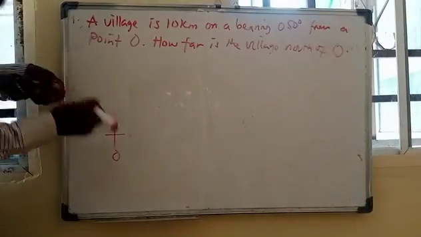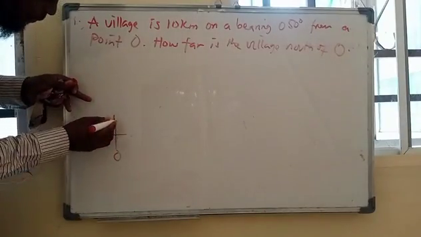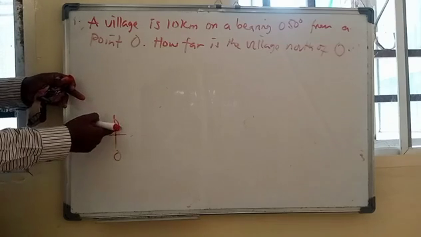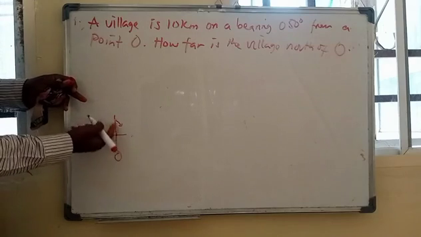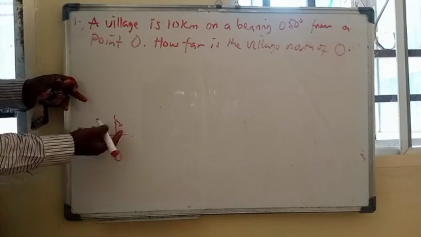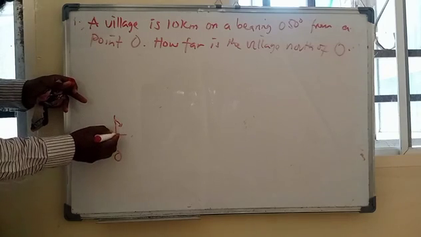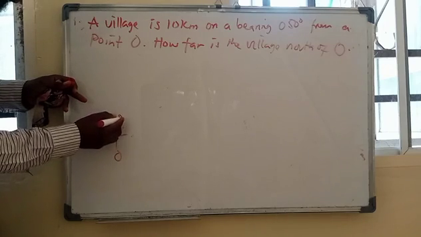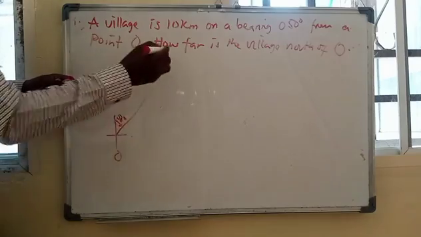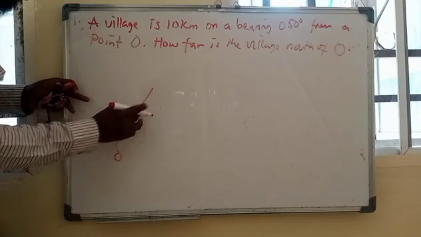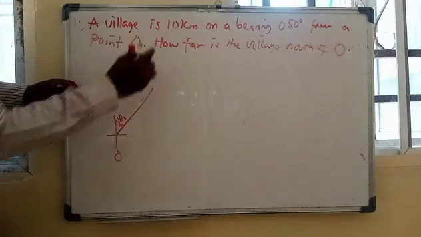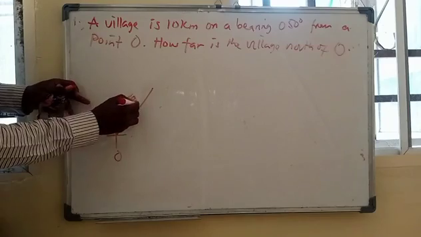For a bearing of 50 degrees, you turn 50. 50 is an angle between 0 and 90, so it falls here. Assuming this is our 50 degrees, then draw the line with your ruler. Let's assume this line is 10 kilometers.